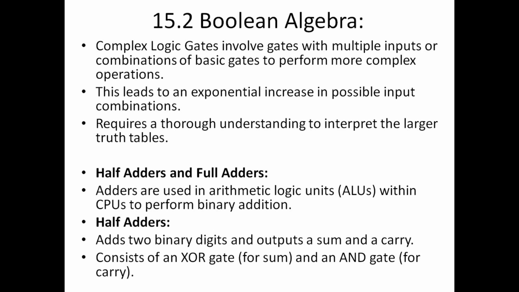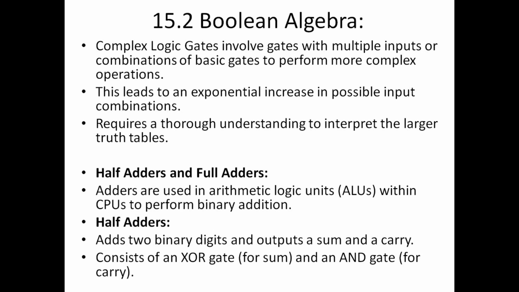adders. Complex logic gates are those logic gates that take more than two inputs. Normally in your AS and O levels you only went through logic circuits that could hold up to a maximum of two inputs.